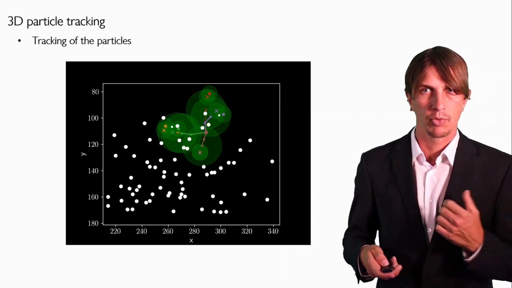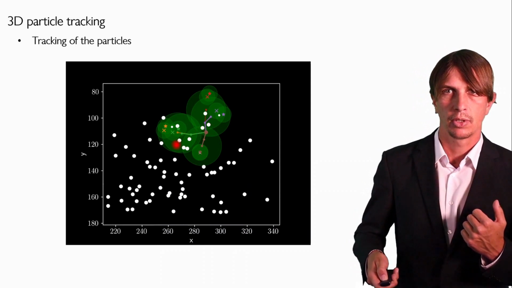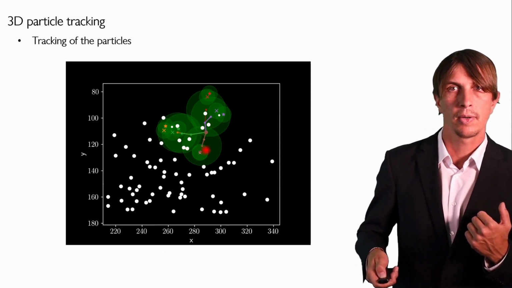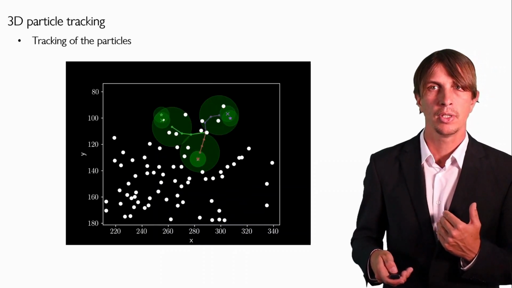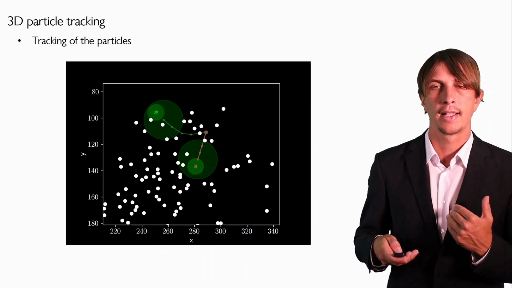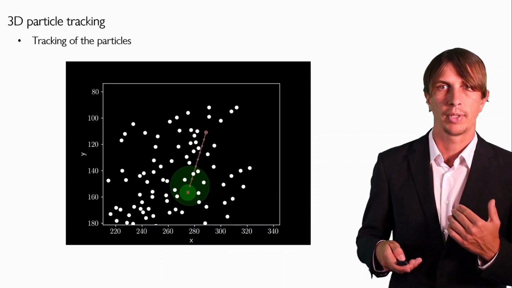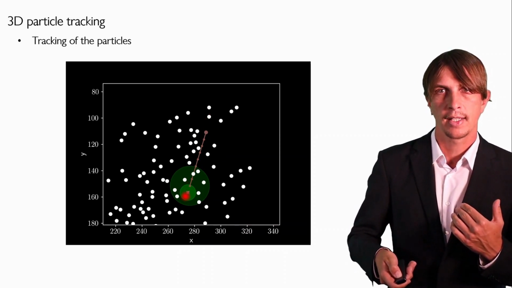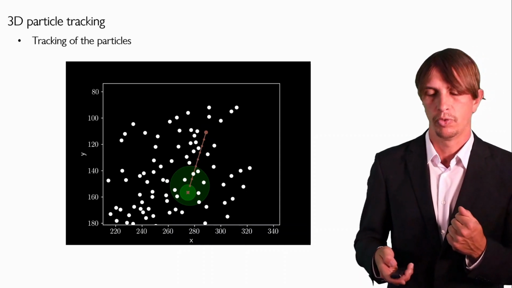And if we keep tracking, then we can not only take into account the velocity, but also the acceleration. So using the acceleration, we have a smaller area. And if we take another option, then there are less and less possibilities for this particle to travel. And if we carry on, we can see that along this line, there is a very high probability that this particle moves in this direction.